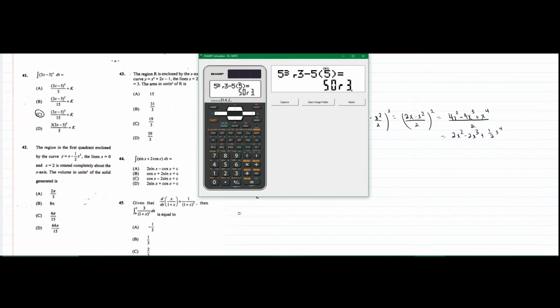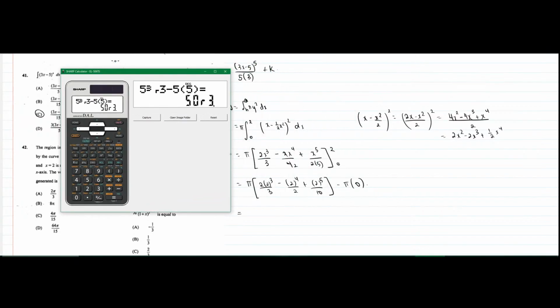Let me see what this is here. 8 twos are 16 over 3. Take away 16 over 2, which is 8, plus 2 to the power of 5, which is 32 over 10. 8 over 5, 8 over 15 pi.